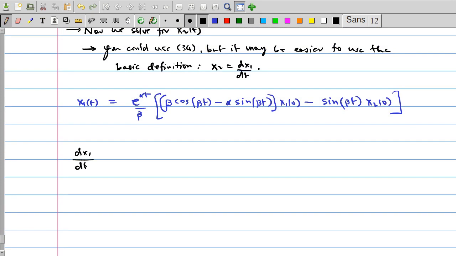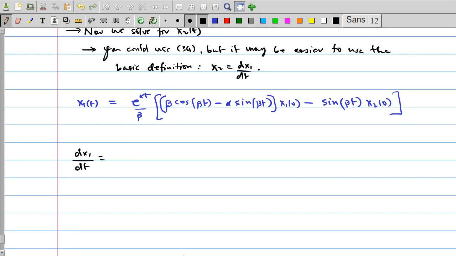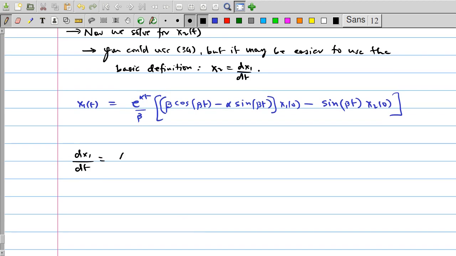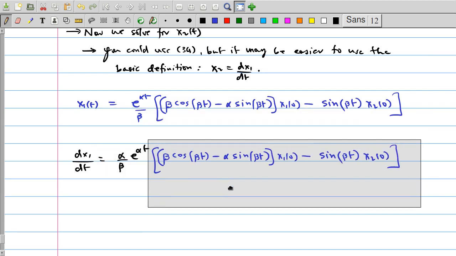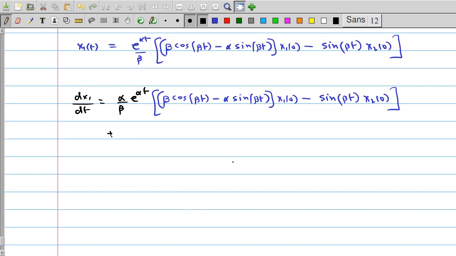dx1 by dt equals, it's not that hard. It's alpha over beta e to the power of alpha t times this whole quantity, chain rule and all that, plus e to the power of alpha t over beta times beta minus beta squared sine beta t plus alpha beta cosine of beta t, x1 of 0.